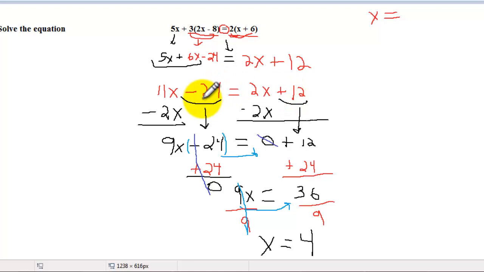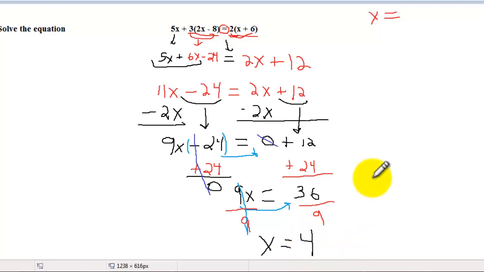And this is a several step process. At first we took this 2x and moved it to the left by subtracting. Then we took the 24 and moved that to the right by adding. Then, when we were left with a 9x, we divided the 9 to then have the x finally by itself equaling one number.